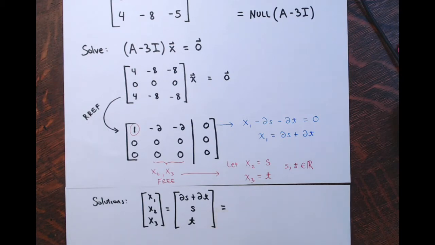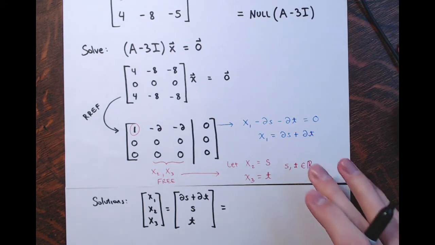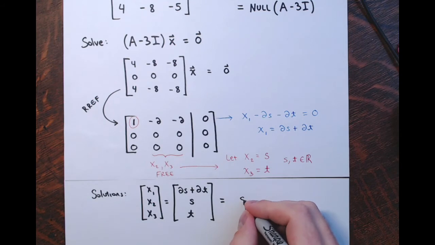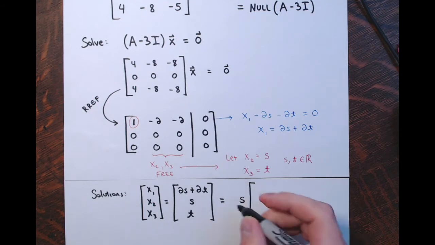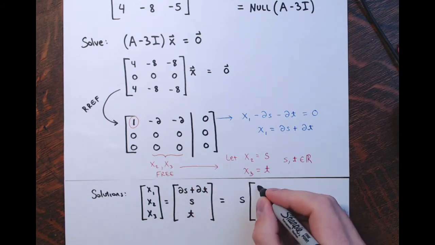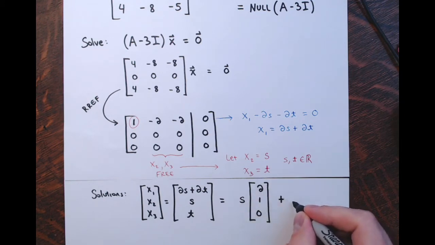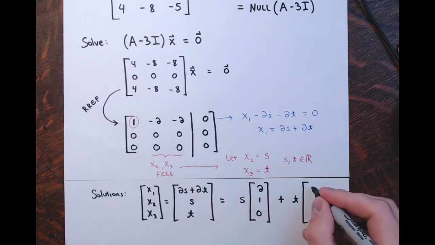And then as before, 2 free variables, I can write this as a linear combination of some vectors involving those free variables. We'd have s times the vector 2, 1, 0 plus t times the vector 2, 0, 1.